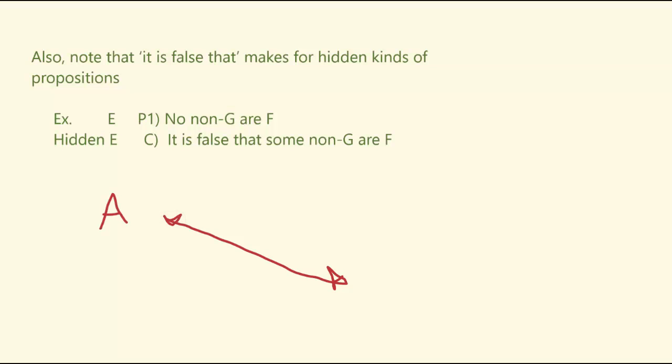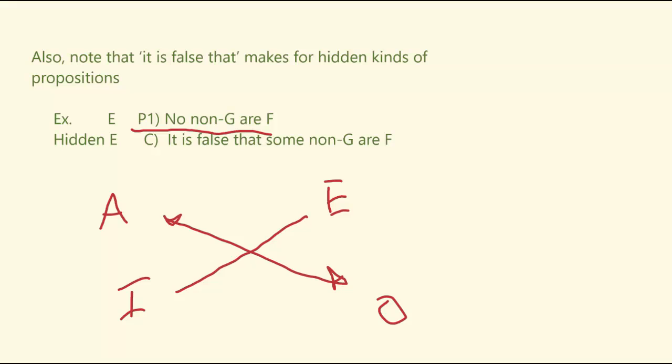Our A propositions up here, O propositions down here, our E propositions down here, and our I propositions down here. Now, we've already said that these are contradictory, so our premise is asserting that no non-G are F, and no non-G are F takes the form of an E proposition.